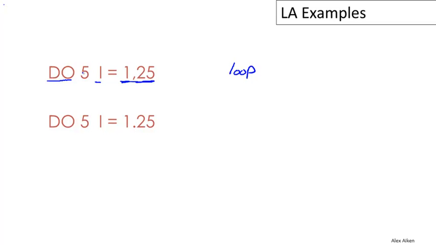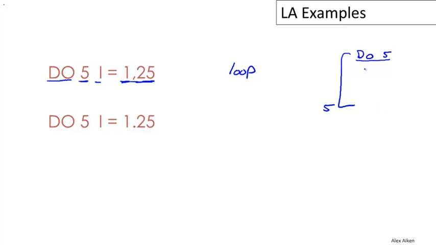And then this number 5 here is a little bit odd and something you don't see in modern languages. In the old days, in Fortran, you would have your do statement at the top of the loop, and then the size of the loop, or all the statements included in the loop, were named by a label that came right after the do statement. So the loop would extend from the header, the do statement, down to the label 5.